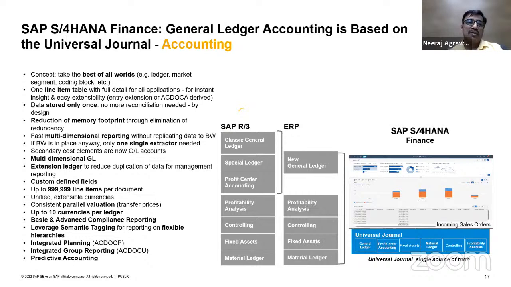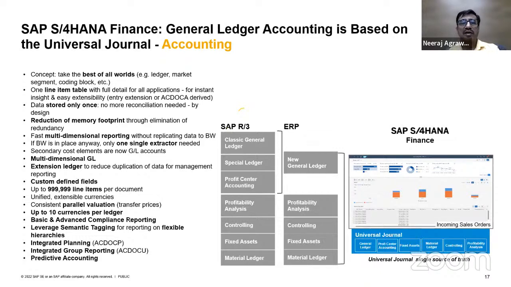Then there are also parallel valuations, and now you can define the parallel valuation at each ledger level. Earlier that was not possible, and that created some challenges. If you had to do IFRS reporting and local reporting, it became a little challenging.